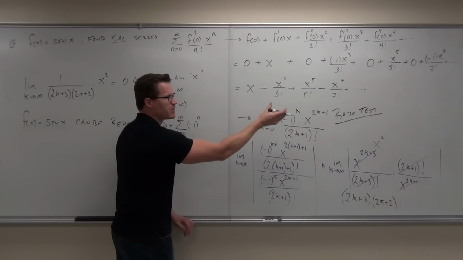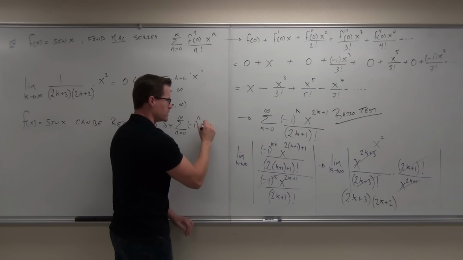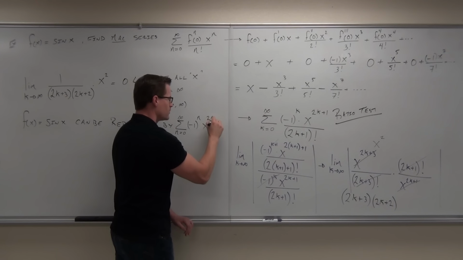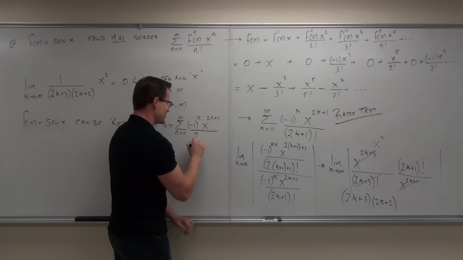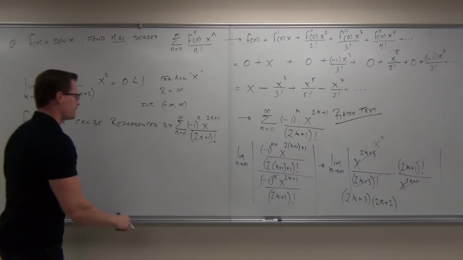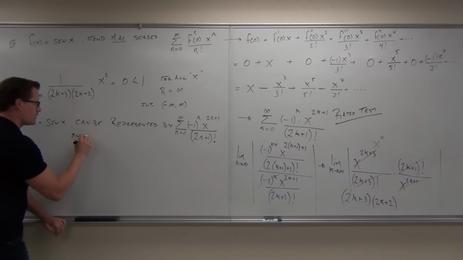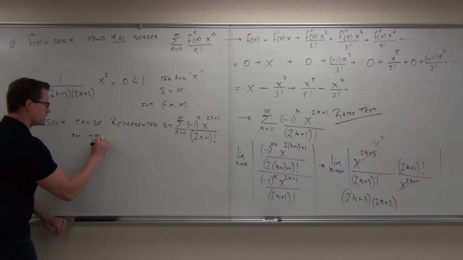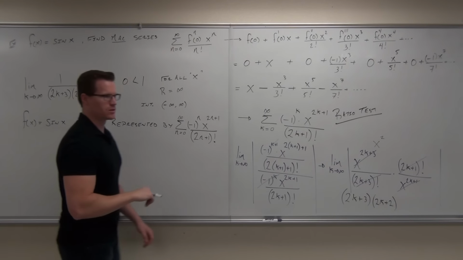It's a dummy variable, it doesn't really matter what we use. Over 2n plus 1 factorial, on the interval negative infinity to infinity as we just showed.